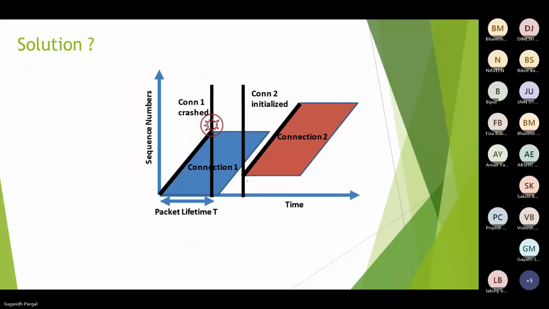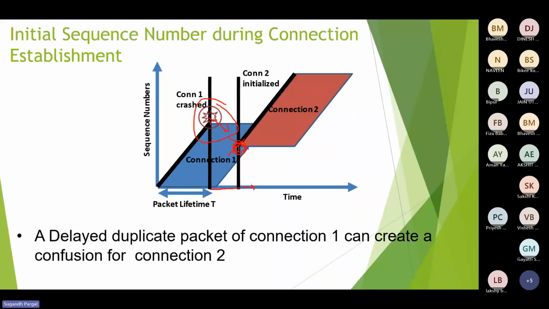That is parallel to the packet transmission rate of this first connection. Because if it is not parallel, it is overlapping. So this will be the area where there is a possibility of overlap sequence number.